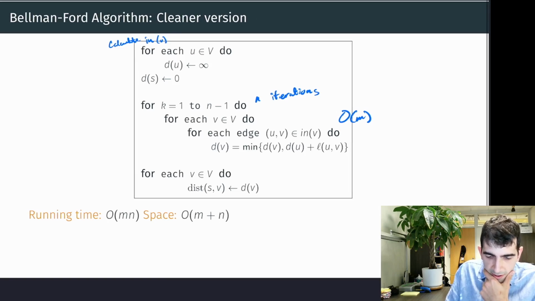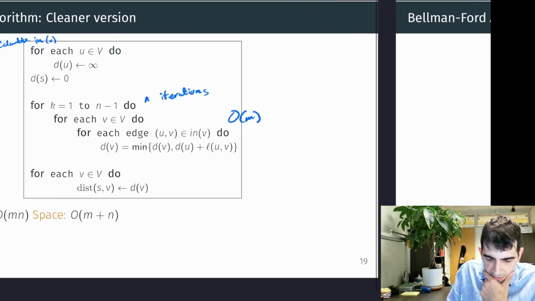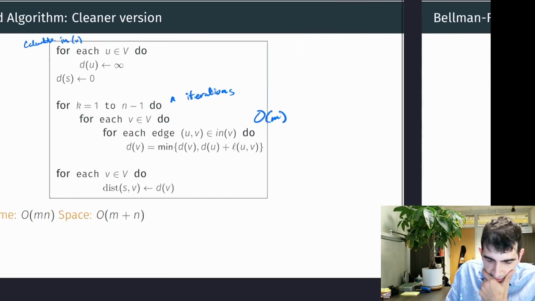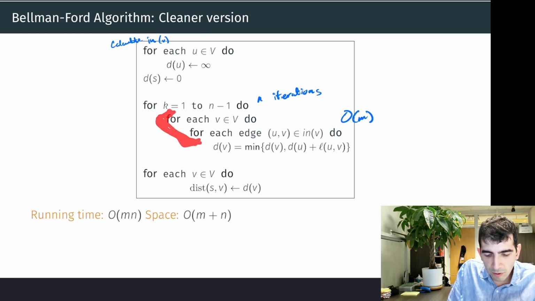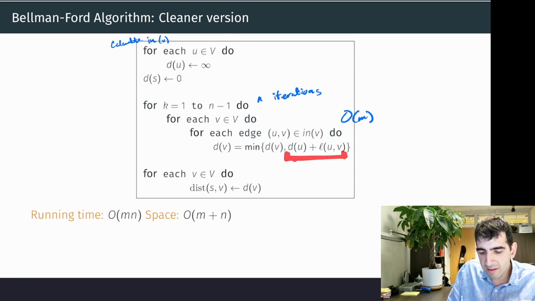But wait, do we really need to calculate this? Can't we just go through every edge? Do we really need these two for loops? Aren't these two for loops just saying go through every edge, in whatever order, and see if adding a kth edge would make the distance shorter?